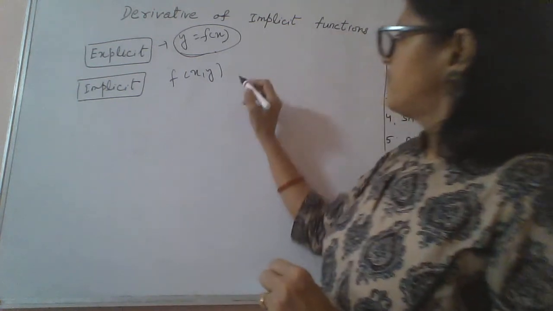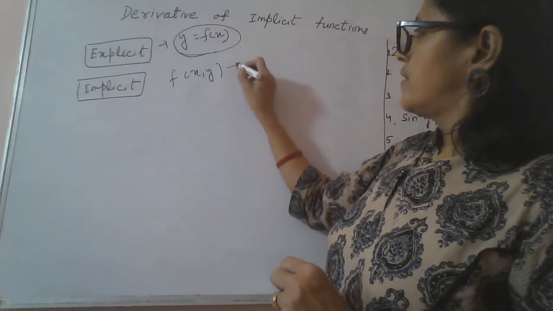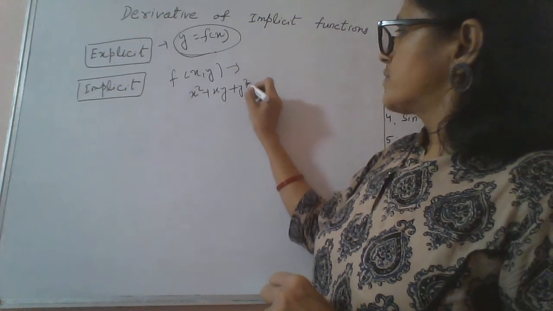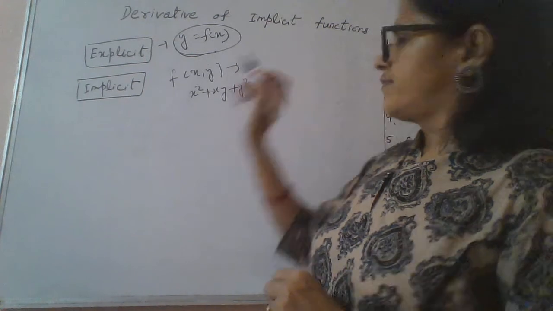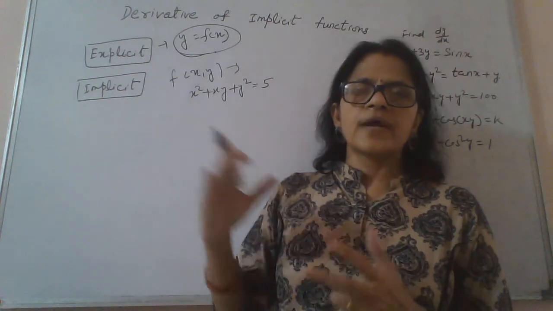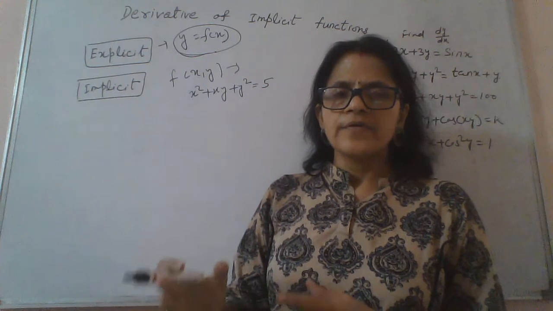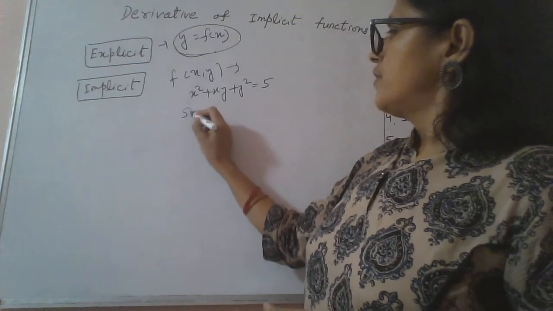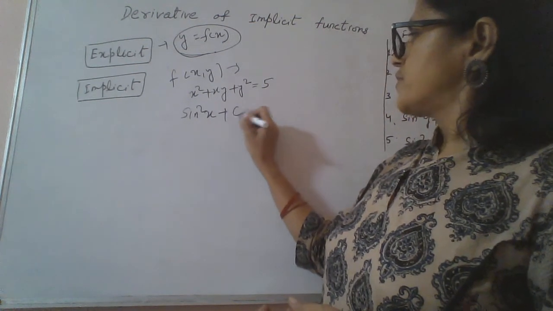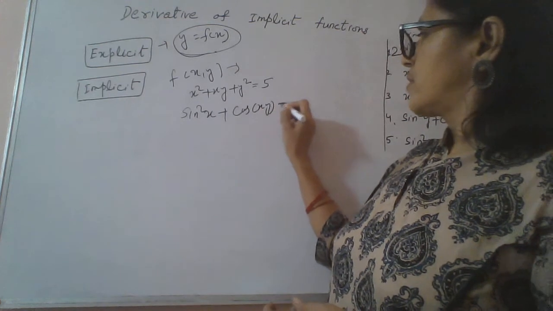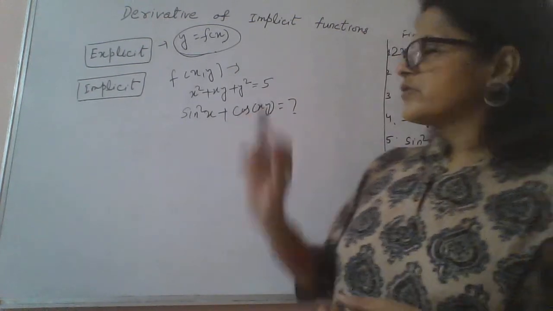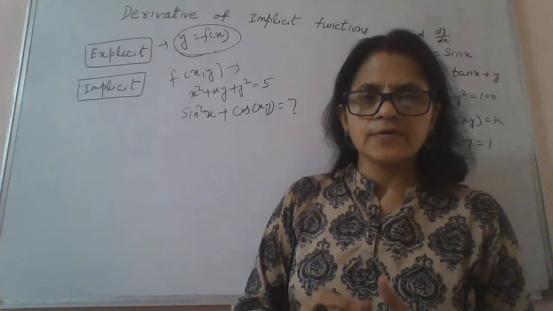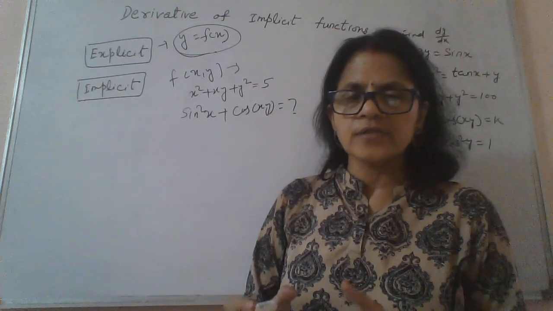For example, x square plus xy plus y square equal to 5. Here, to write y in terms of x, or x in terms of y, is not very convenient. If I write sin square x plus cos xy equal to 7, here also it's not possible to separate x and y. It's not possible to write y in terms of x, or x in terms of y.